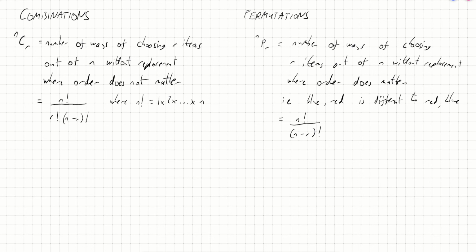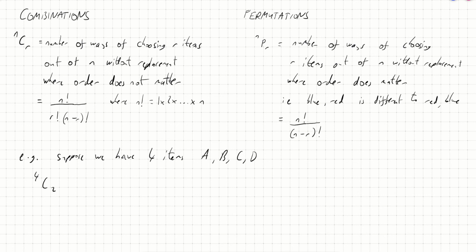Okay. So the easiest way to think about this is with an example. So let's have a look. For example, suppose we have 4 items: A, B, C, D. And then if we're asked to find what is 4C2, well, that's the number of ways of choosing 2 out of these 4 items where the order does not matter.